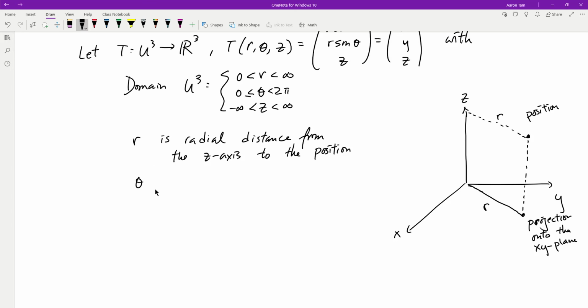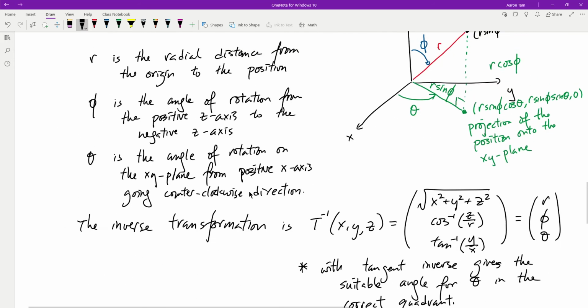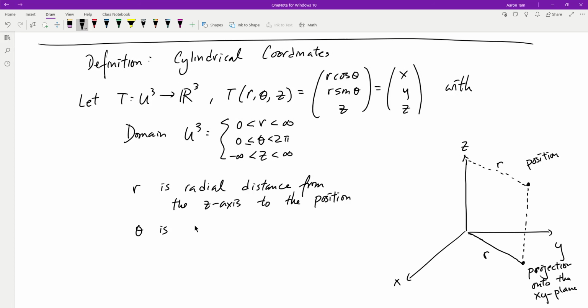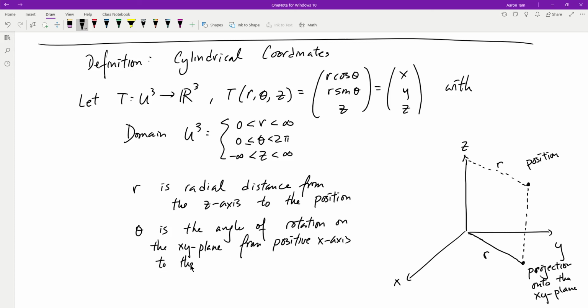What is theta? Theta is the angle of rotation on the xy plane from the positive x-axis to the projection in the counterclockwise direction.